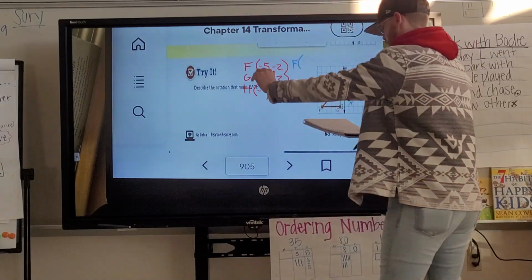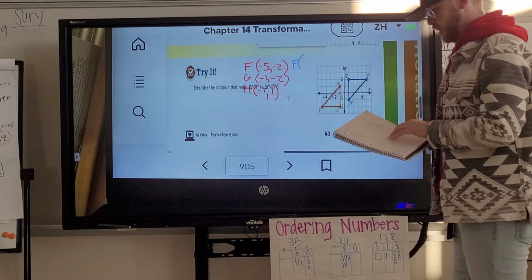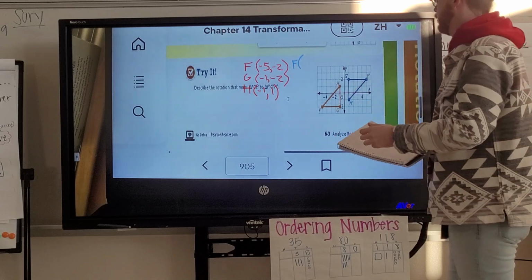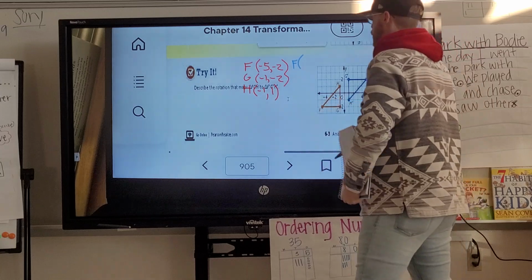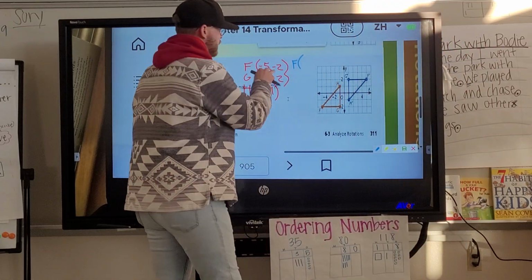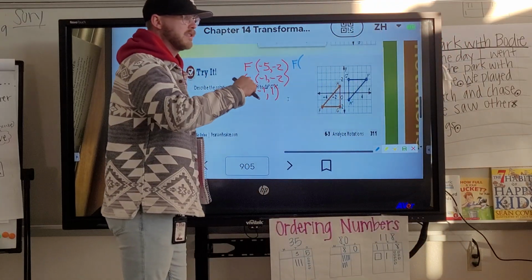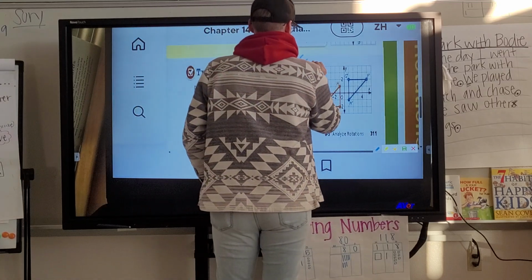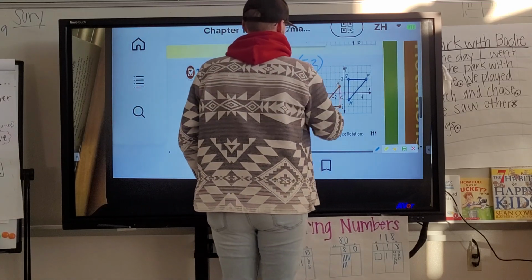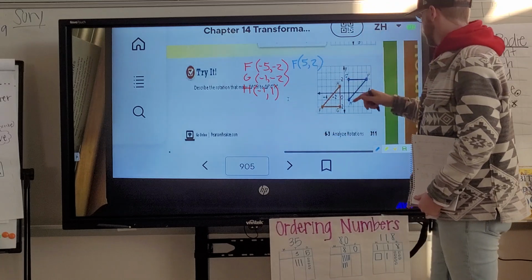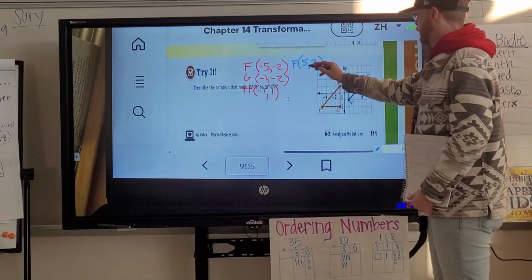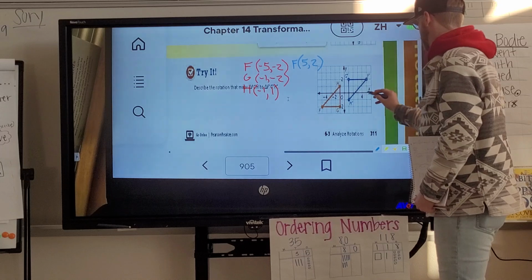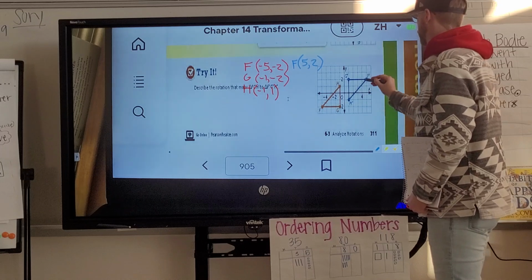My rule for 180 degree rotation is both my x and y coordinates become the opposite, or become negative, and they stay in the same place. So this -5 and this -2 become opposites. So that's just regular 5 and regular 2. And if I go over 5 and up 2, is that where my F is? Let's see, 1, 2, 3, 4, 5, 1, 2.